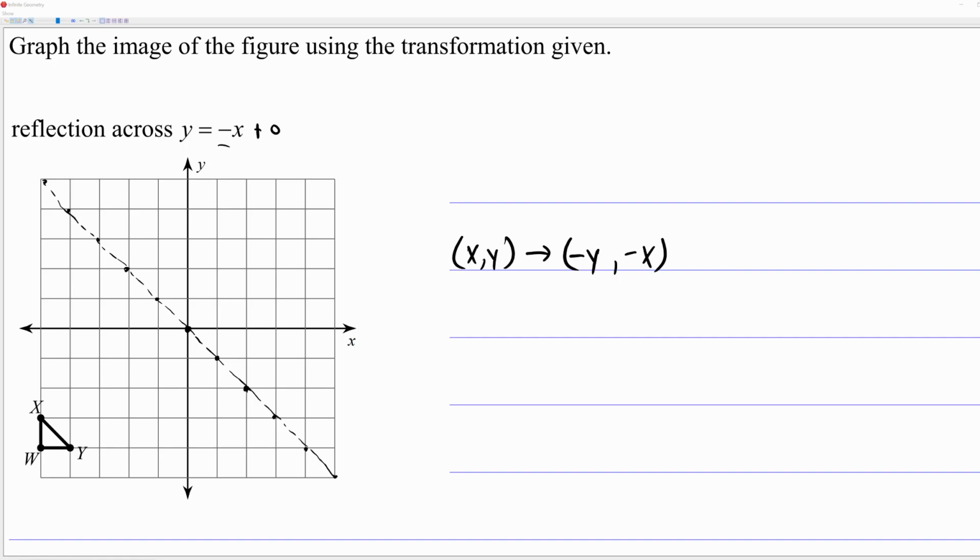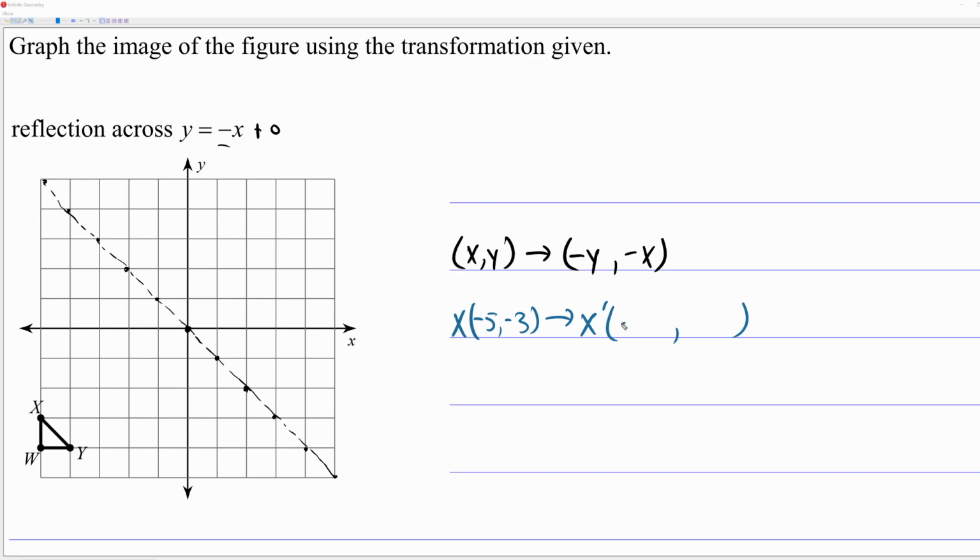So let's do this once more. Let's take point x here. Point x is at 1, 2, 3, 4, 5, negative 5, negative 3. To get to x prime, you interchange the two numbers.